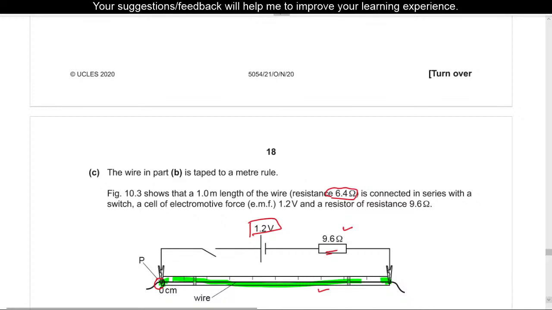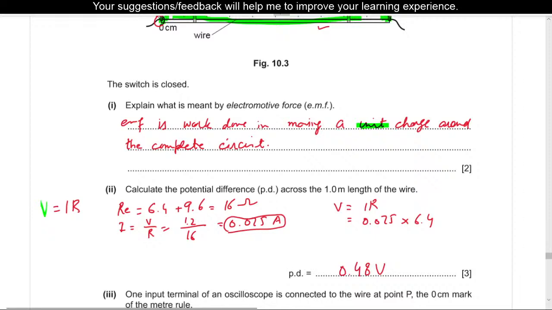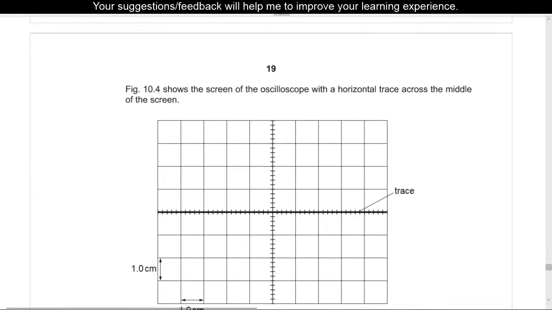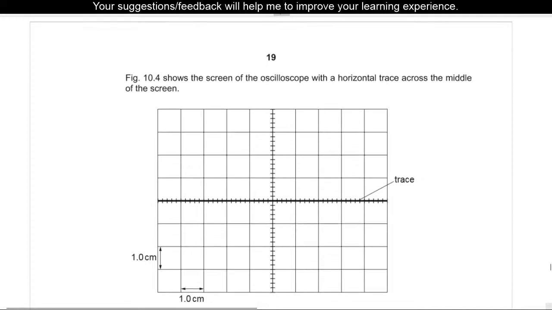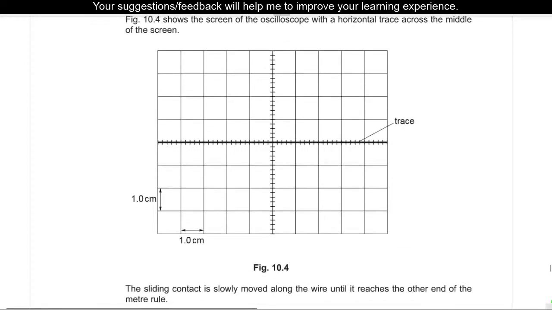So when the resistance increases, the potential drop between these two terminals also increases. When the potential drop increases, this horizontal trace on the screen will move upwards, and how much it will move upwards we can find from the values of potential drop.